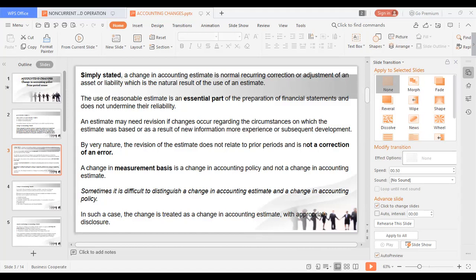So the net income aggregated 7 million. Okay? So we now have, if the percentage of completion method had been used, the accumulated income through December 31, 2019 would have been 9 million.